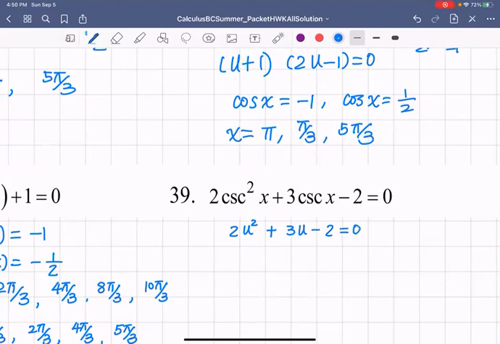And then you could factor that out. So that would be 2u minus 1, and then u plus 2 equals 0. So u would equal -2 and 1/2.